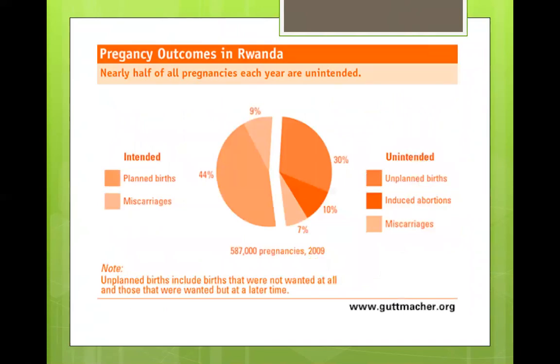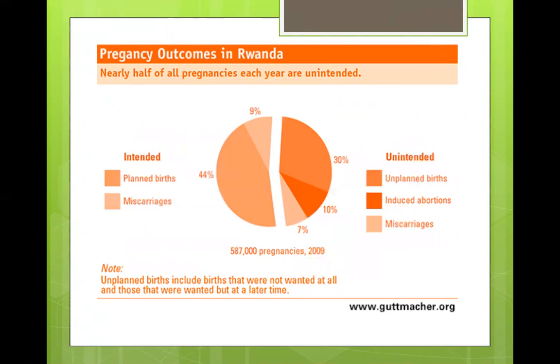Currently in Rwanda, nearly half of pregnancies each year are unintended, and that has to do with lacking infrastructure and funding for birth control and widespread access and information to birth control.